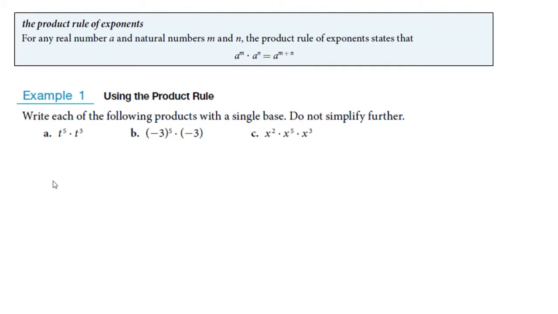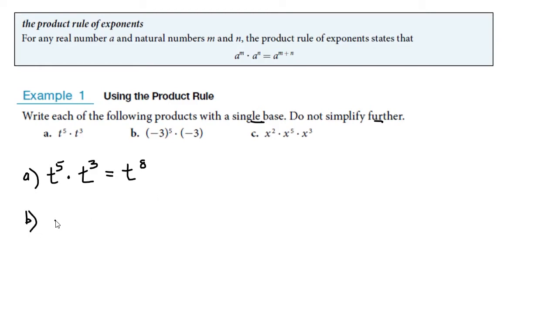Example 1 asks us to use the product rule. So for part A, I have t to the power 5 multiplied by t to the power 3, and I just add the exponents. So this is going to give me t to the power 8. Notice it says, write each of the following products with a single base, don't simplify. So I just need a single base.